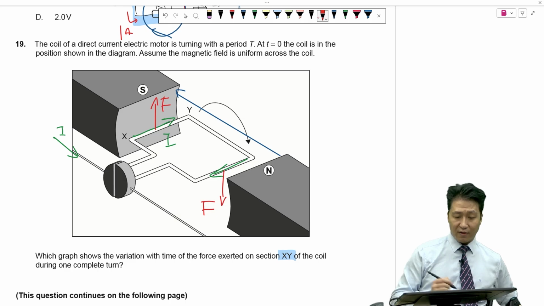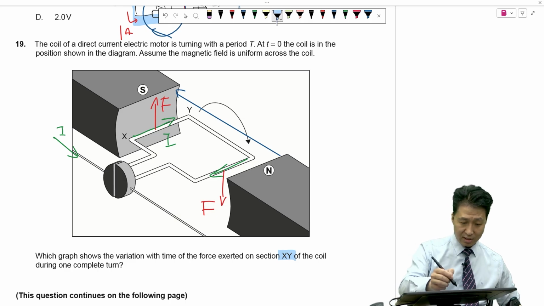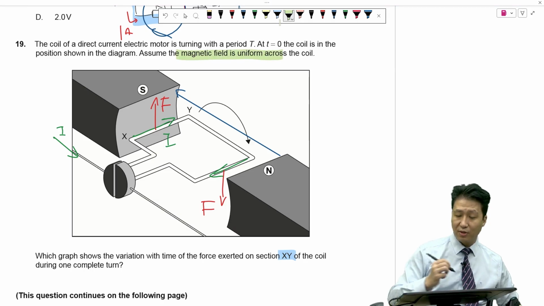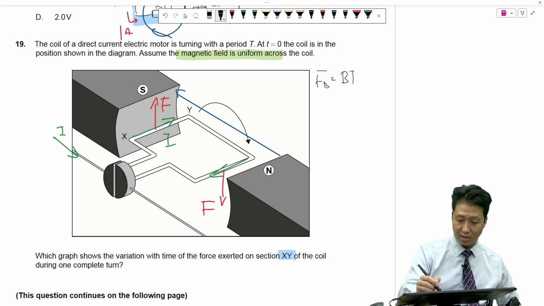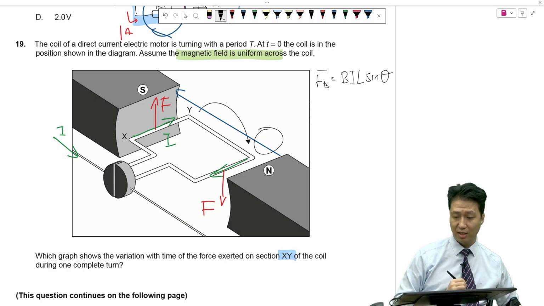Now, the first thing you have to notice here is it says it's uniform magnetic field. So when you get the equation for the magnetic force, it's magnetic field strength times the current I times the length times the sine of the angle between the field and the current.